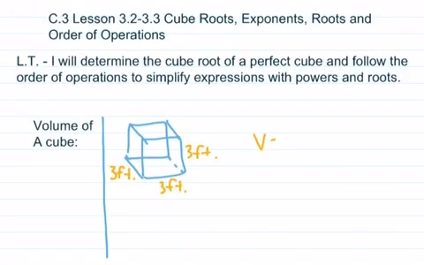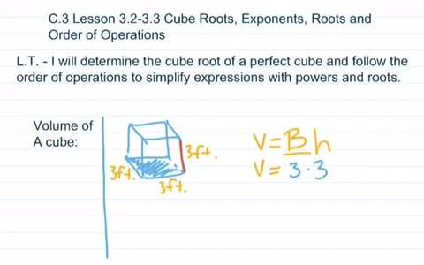So if we look at volume, the formula is the area of the base times the height. In a perfect cube, our area of our base, like we looked at yesterday, is 3 times 3.